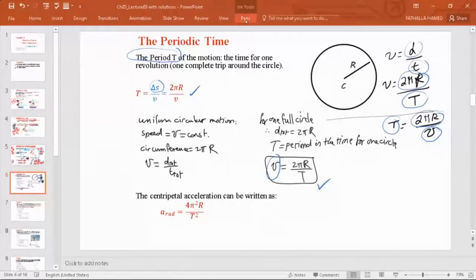And we already talked about a_rad equal to v squared over r.